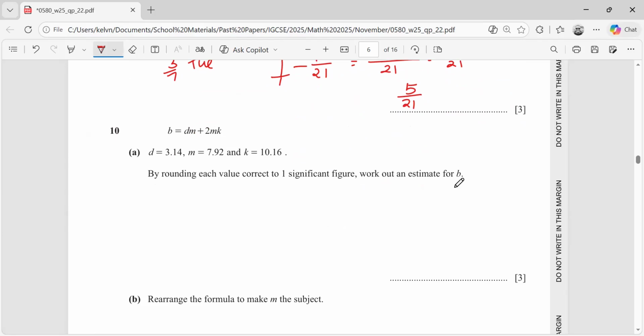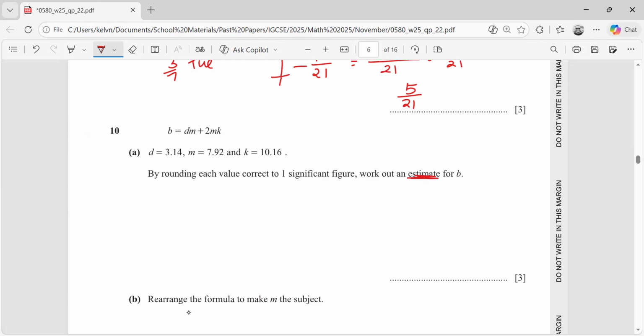Okay, usually for estimation, we round them to one significant figure. And remember, the place value of a number is what determines the significance. I've seen people confuse this a lot. They think the significant figure is the biggest number. That's not the case. The significant figure is the number that is at a higher place value than the rest.